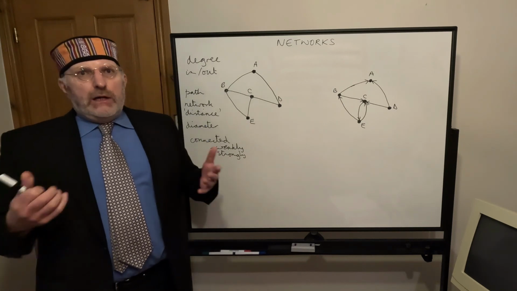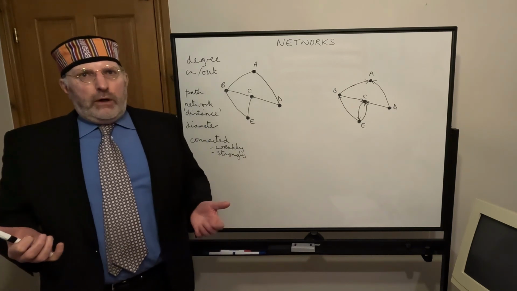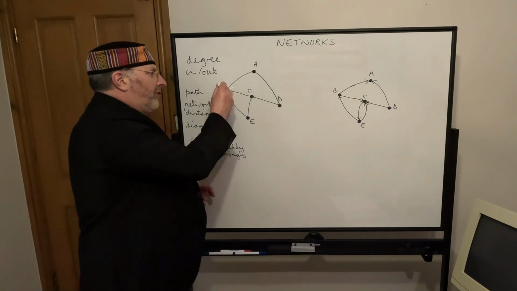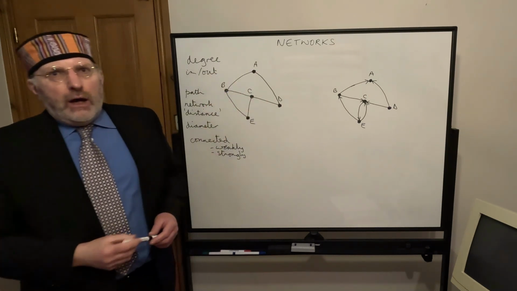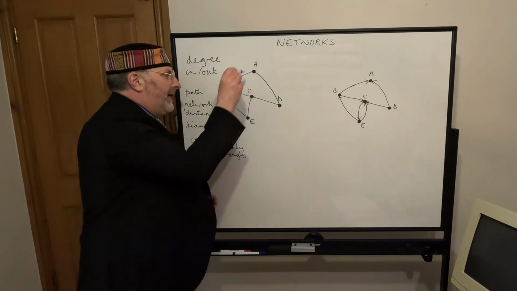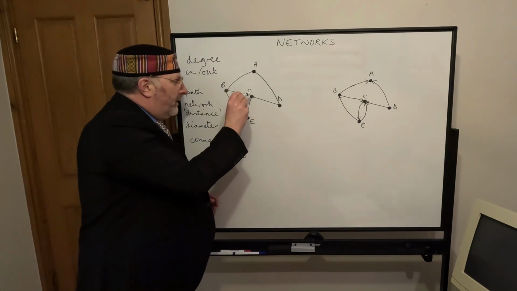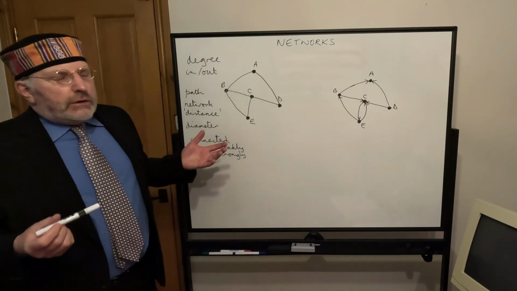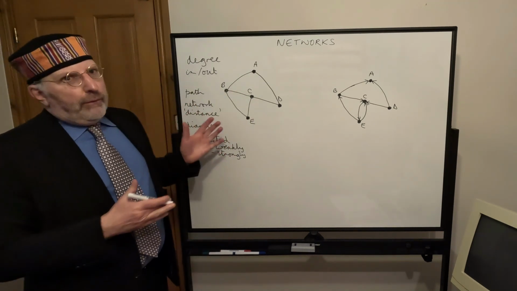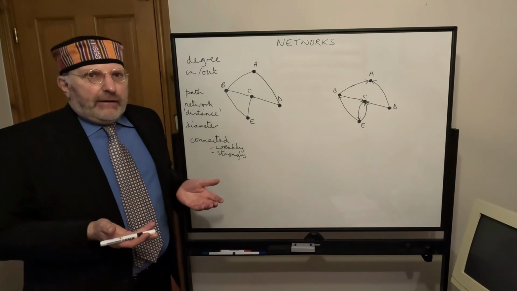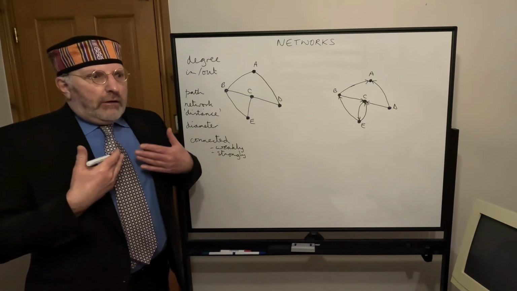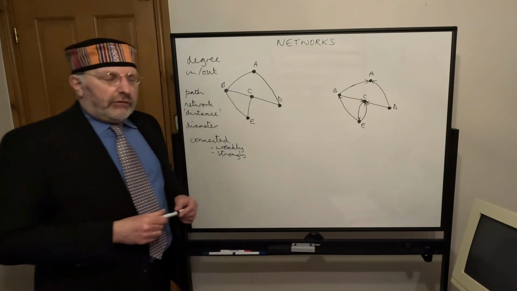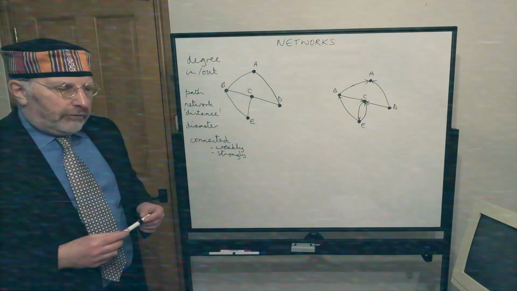For example, if you've got a military communications network and the enemy is bombing or cyber attacking your nodes, you want to know how many hits they would have to make on your network to disconnect you. And you would obviously want to design your network in a way that would make it resilient to disconnection under these attacks and removal of nodes.